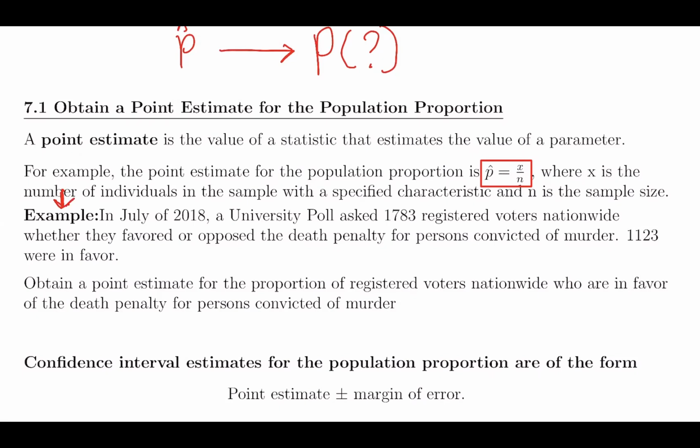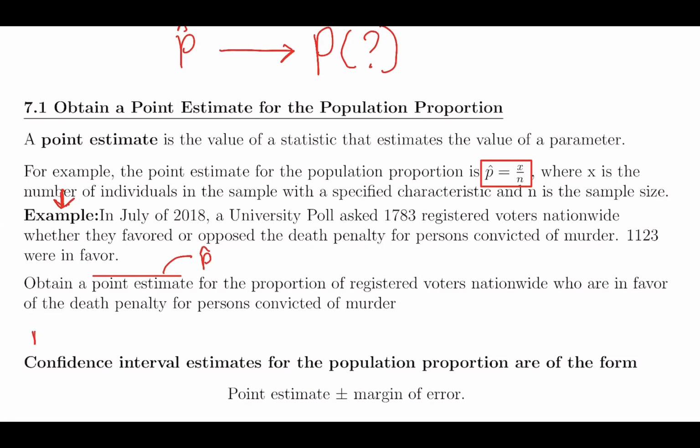What we want to do is obtain a point estimate for the proportion of registered voters nationwide who are in favor of the death penalty for a person convicted of murder. A point estimate is the same thing as P hat. So if we want to find a point estimate, we're going to find what P hat is equal to.